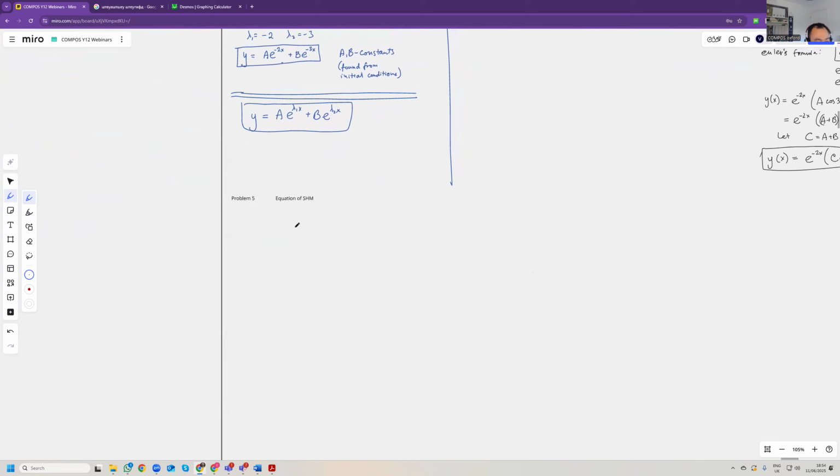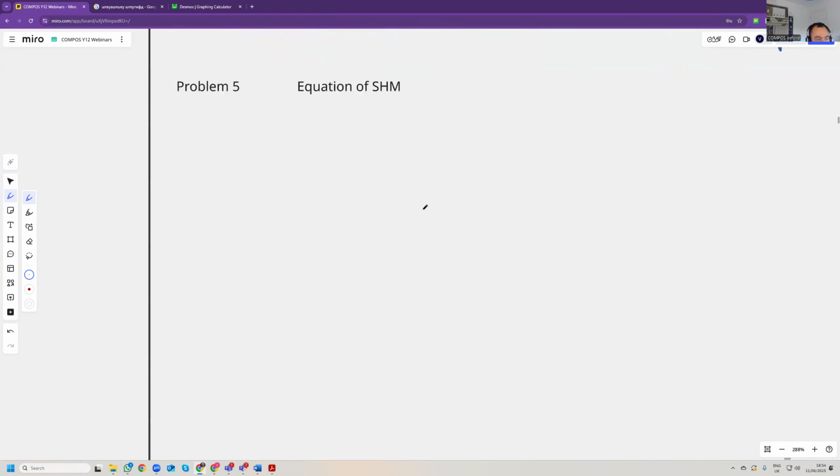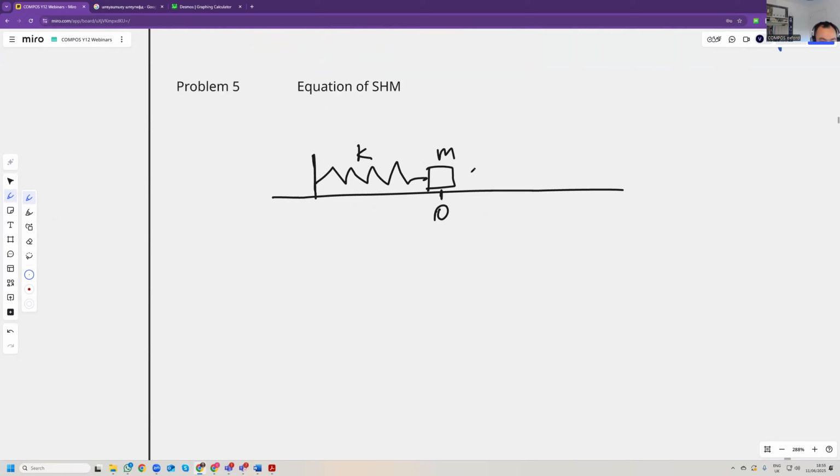Okay. The equation of simple harmonic motion. So let's try to apply this to physics. Let's say we have a mass on a spring, and the spring constant is k, the mass is m, and this is the origin. If we displace the mass by x to the right, it experiences a force, and the force is minus kx.